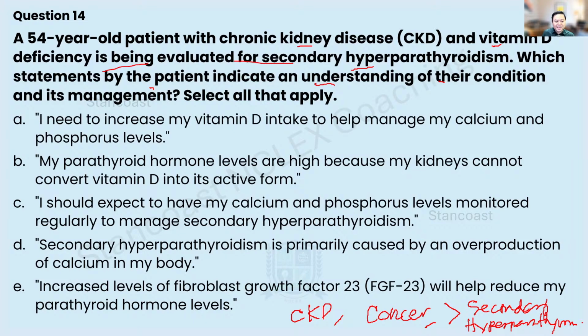Or D, secondary hyperparathyroidism is primarily caused by an overproduction of calcium in my body? Or E, increased levels of fibroblast growth factor 23 will help reduce my parathyroid hormone levels.